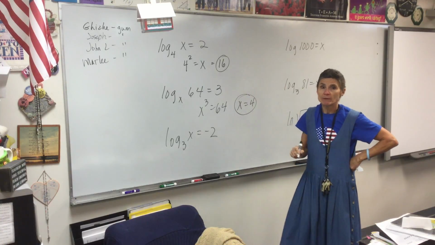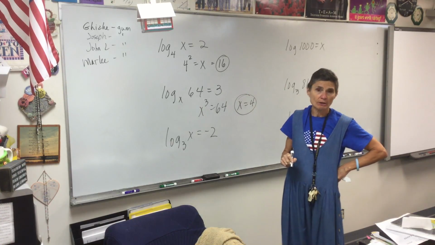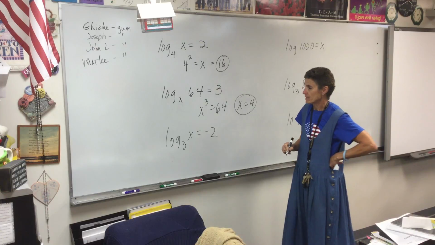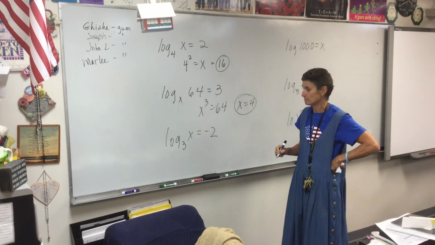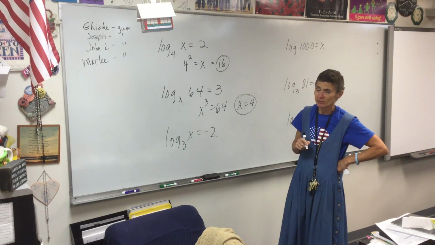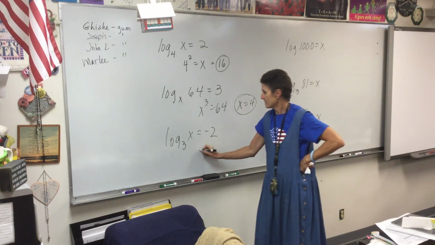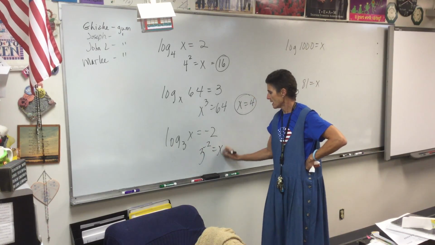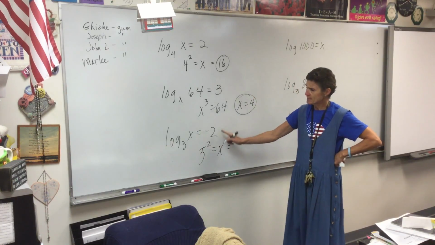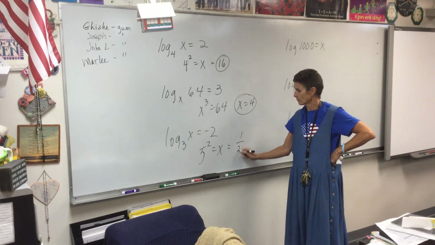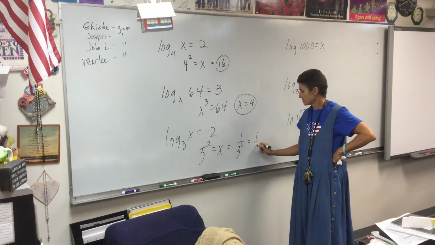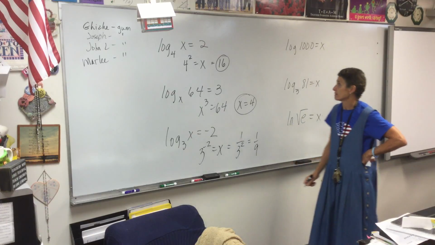These are problems we've done before, just kind of a warm-up to get us thinking logarithmically. 3 to the negative second equals x. 3 to the negative second means 1 over 3 squared, so the answer to that one is 1/9.